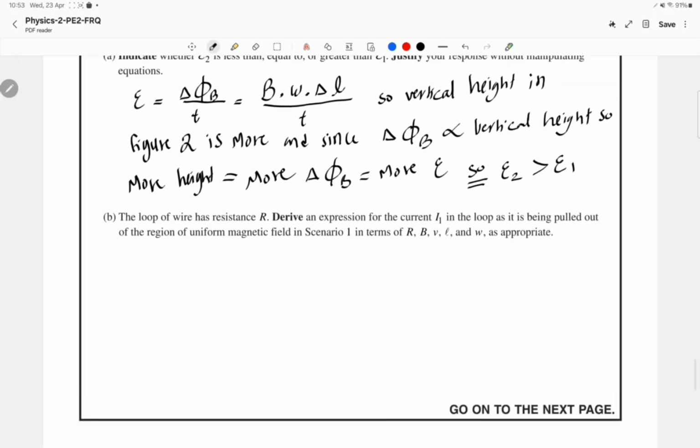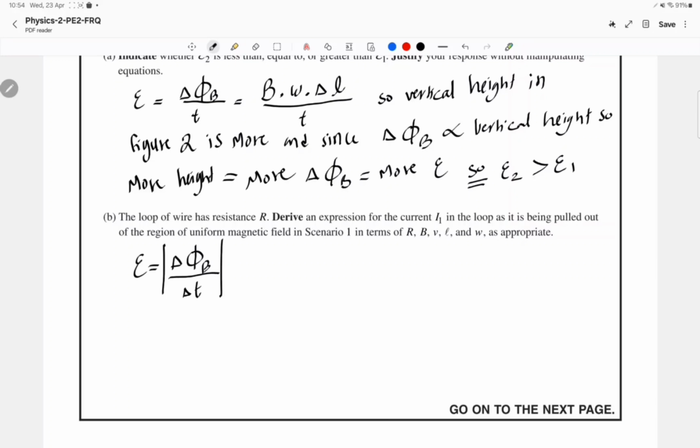B. The loop has a wire whose resistance is R. Derive an expression for the current I1 in the loop as being pulled out of the region of uniform magnetic field in scenario 1 in terms of R, B, V, L, and W. So, look, the EMF is equal to the change in flux over the change in time with an absolute value.